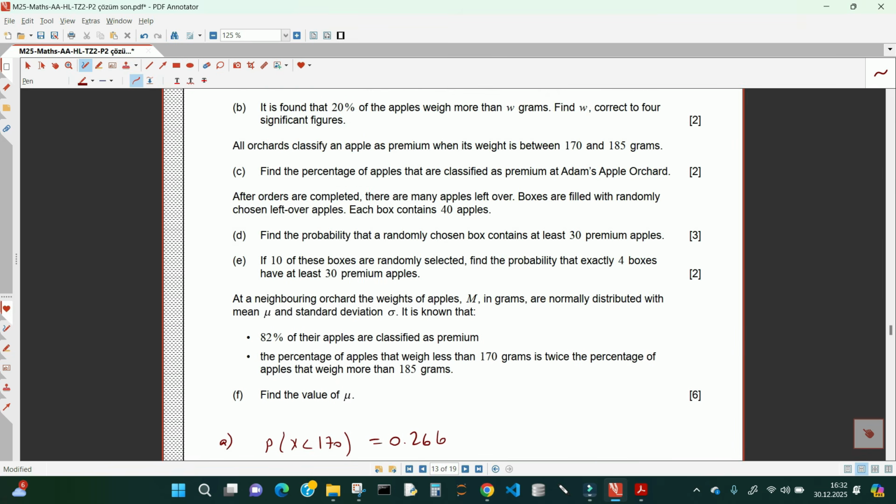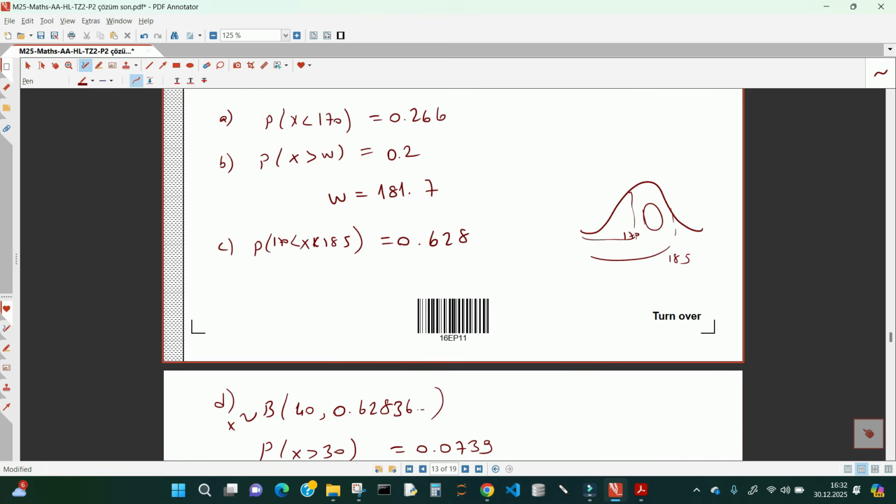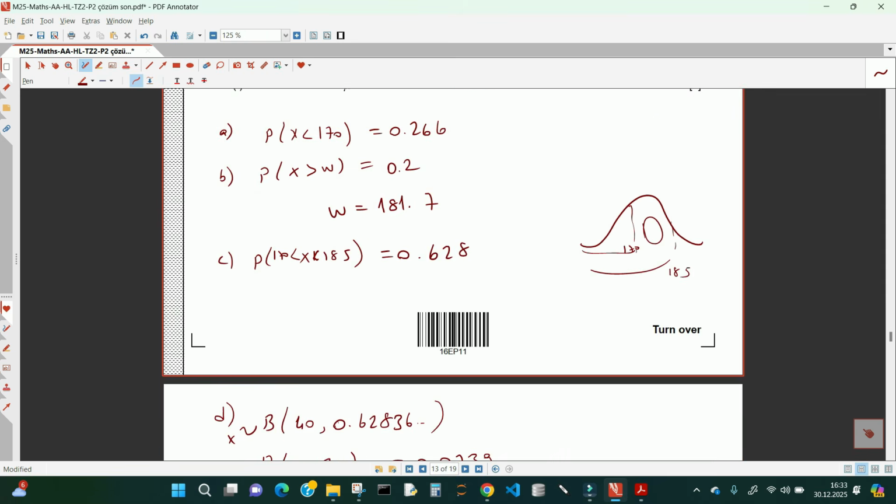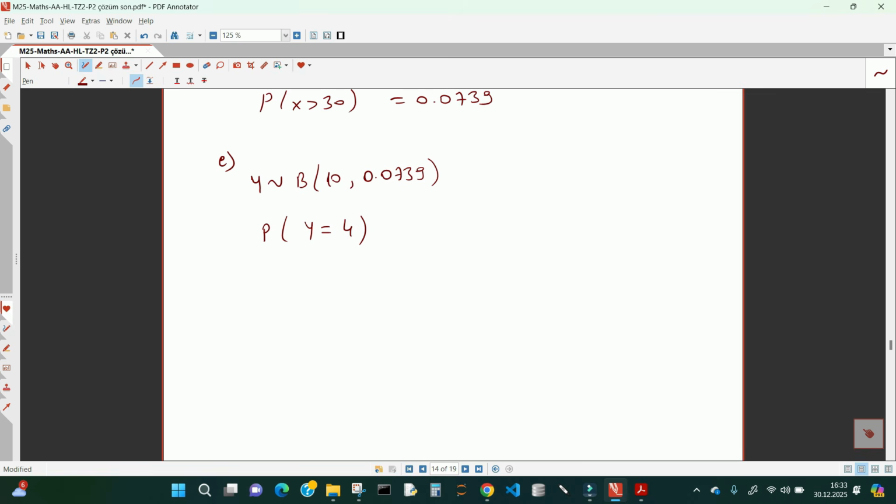From 10 boxes, we're gonna choose, and we found the probability of at least 30 premium apples in the previous question, 0.0739. In this case, we are looking for the probability Y equals 4, right? Let's check it again. Yeah, Y equals 4.